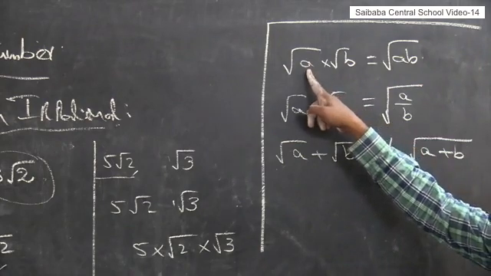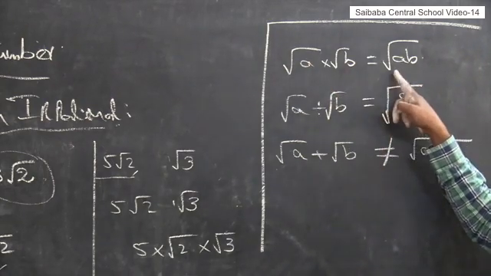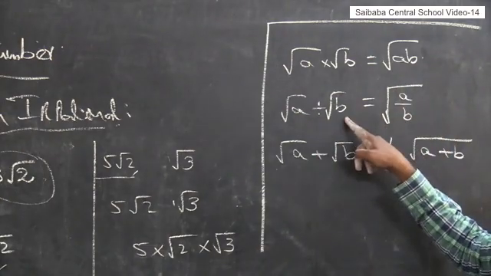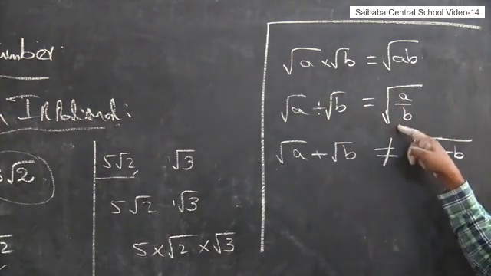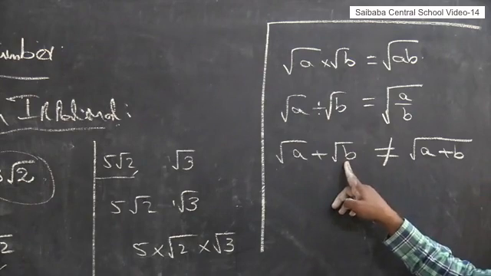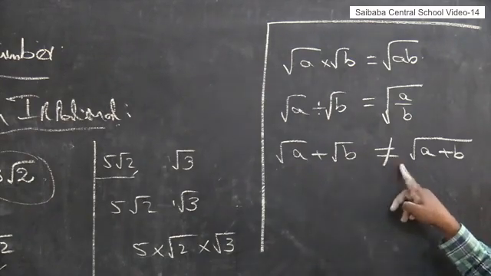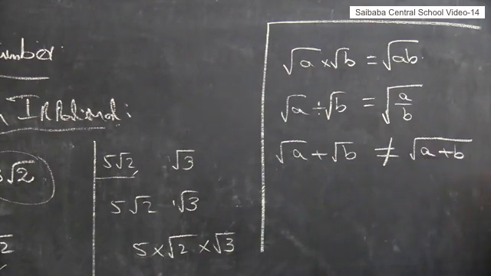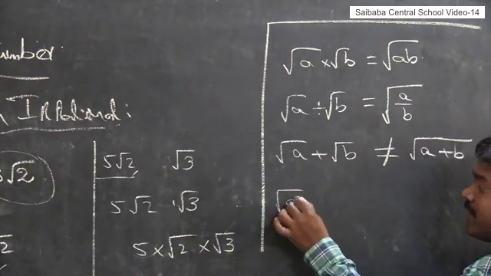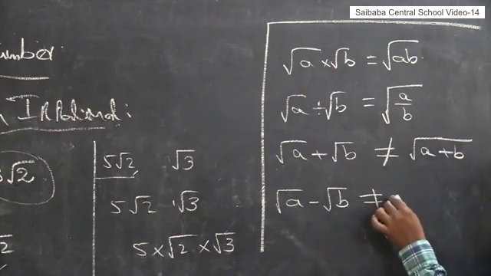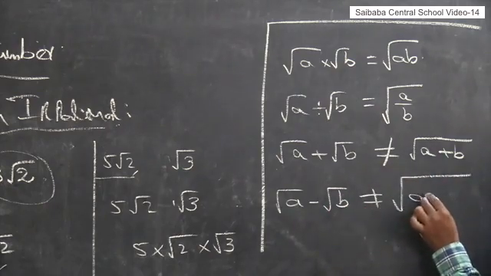Root A into root B is equal to, we can represent by single root of A into B. Root A divided by root B is equal to root of A by B. Please note down, root A plus root B is not equal to root of A plus B. For subtraction also, root A minus root B is not equal to root of A minus B.